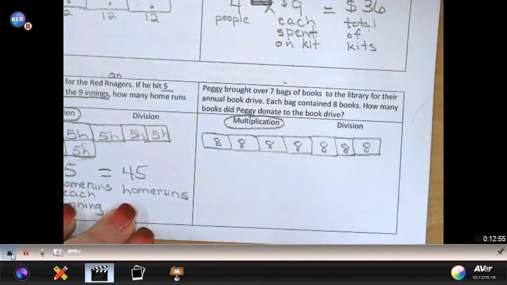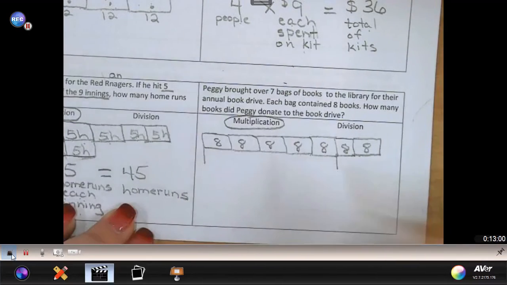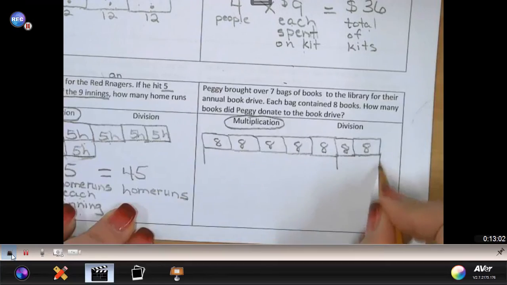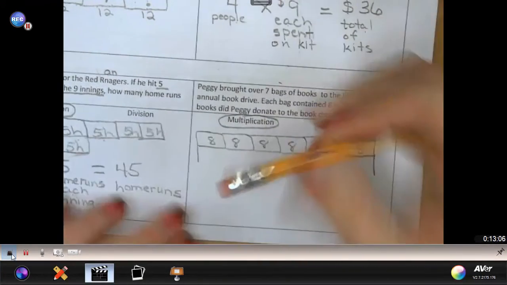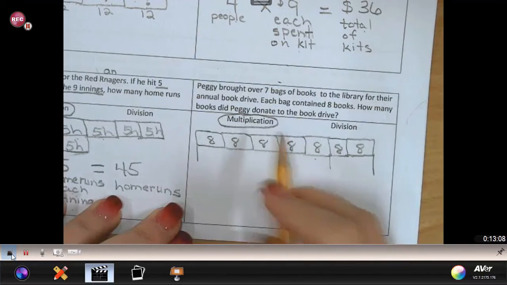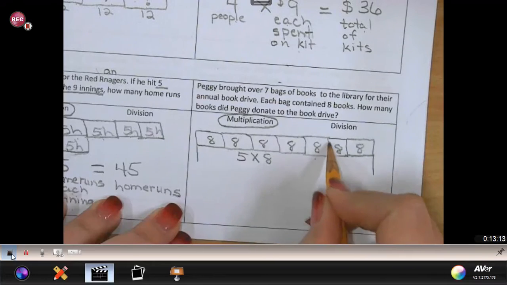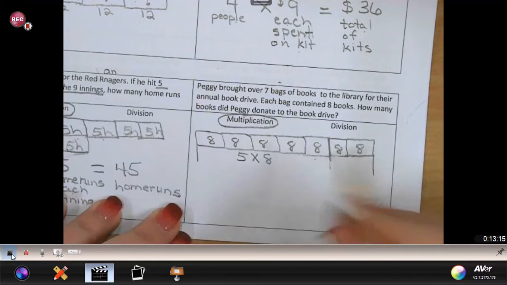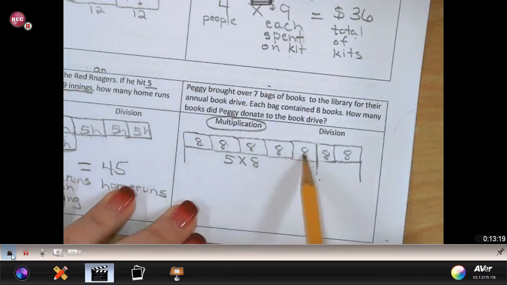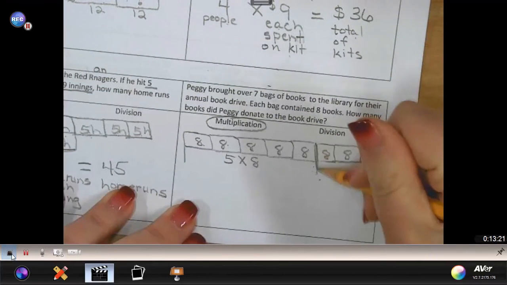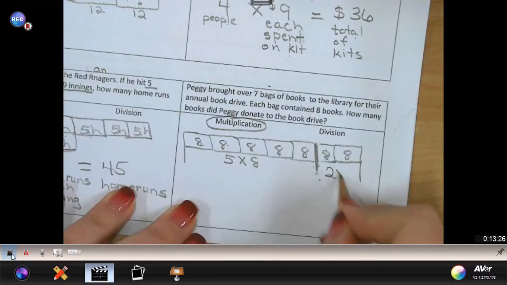Now, remember, we can always use our understanding of the distributive property to help us with this. So we want the total books. However, if I break up these 7 bags as 5 bags of 8, which would be up to this point right here. Oh, excuse me. Not there. 1, 2, 3, 4, 5. Yeah, that's right. 5 bags, which would be right up to here. 5 groups of 8, and then another 2 groups of 8.